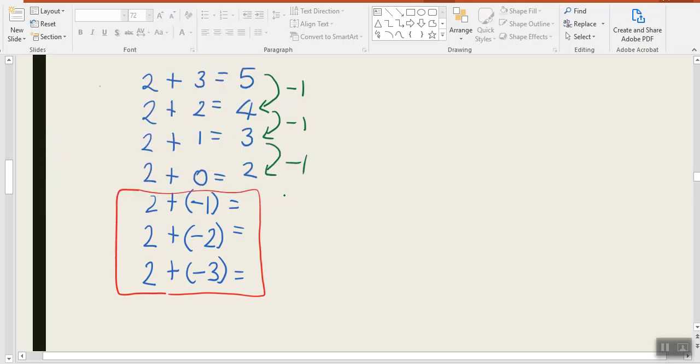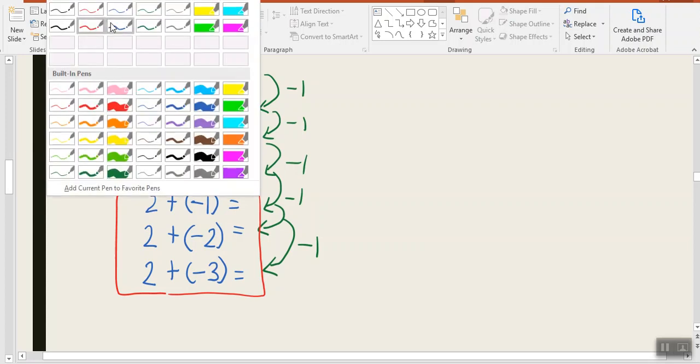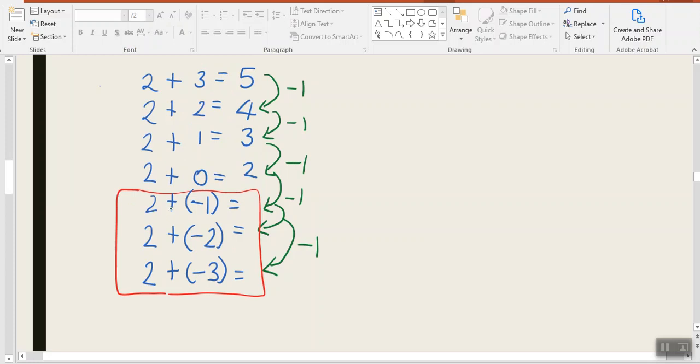So that's my pattern. Before I even tell you, can you please work out the answers for these last 3 when we add a negative integer? What is the answer for those ones? I'm going to use a different color just to emphasize that we have worked out what to do. So 2 plus a negative 1, according to my pattern, the answer should be 5, 4, 3, 2, 1, a positive 1.